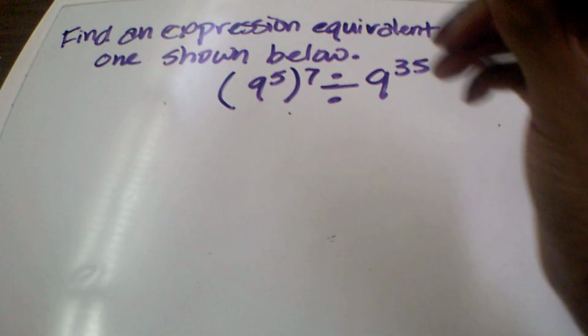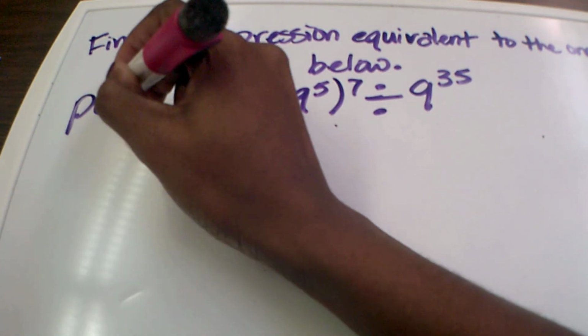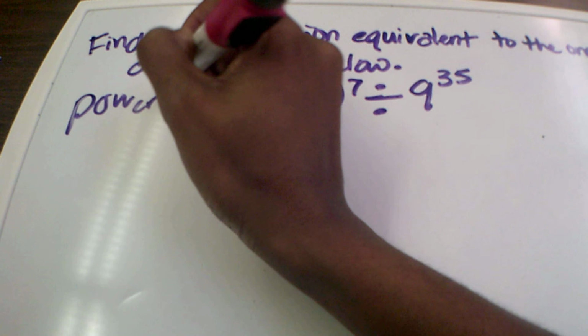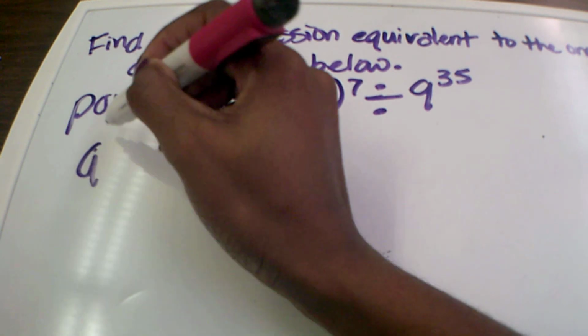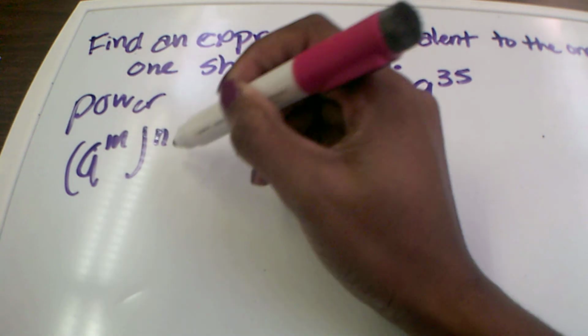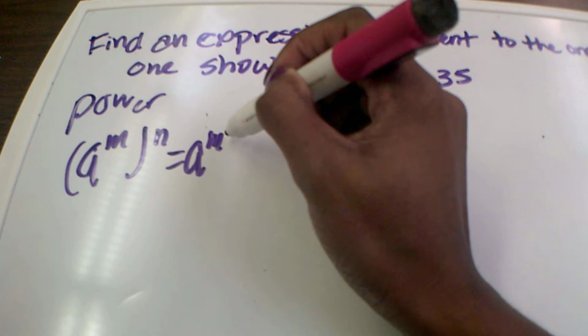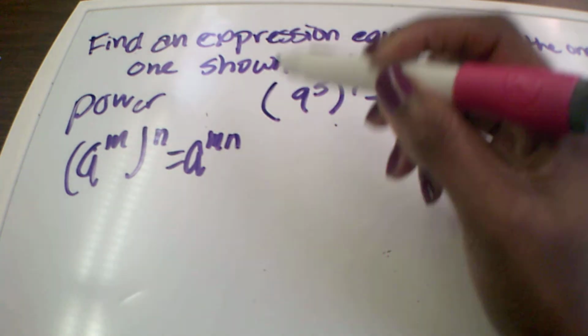So remember with the power rule, we have a number to a power, and the powers multiply each other.